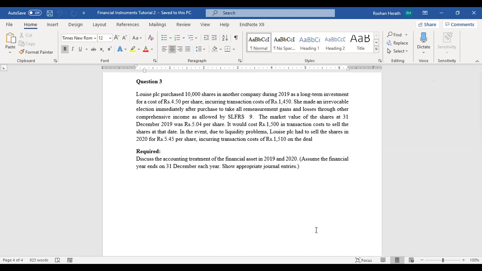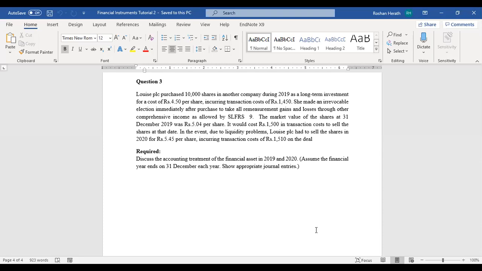Let's look at it. Lewis PLC purchased 10,000 shares in another company during 2019 as a long-term investment for a cost of rupees 4.5 per share, incurring transaction cost of rupees 1,450. She made an irrevocable election immediately after the purchase to take all remeasurement gains and losses through other comprehensive income as allowed by IFRS 9.